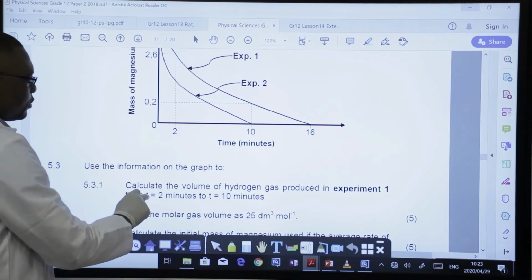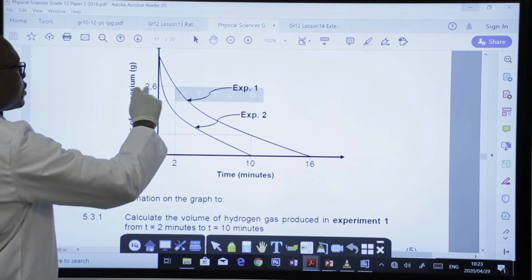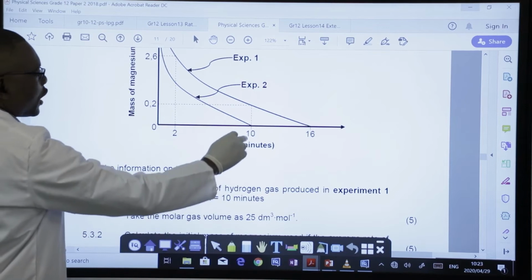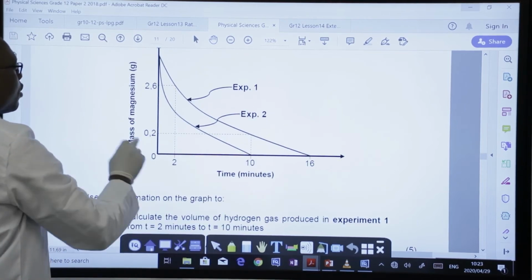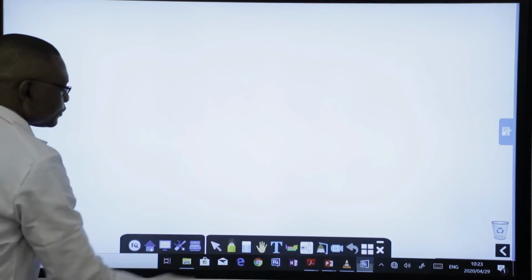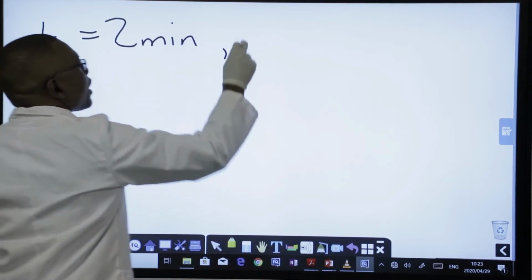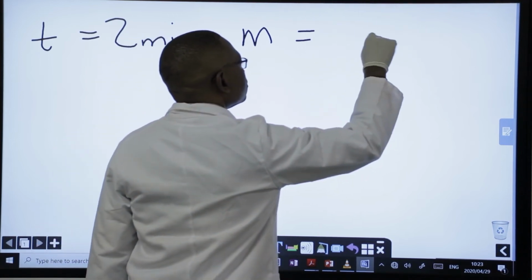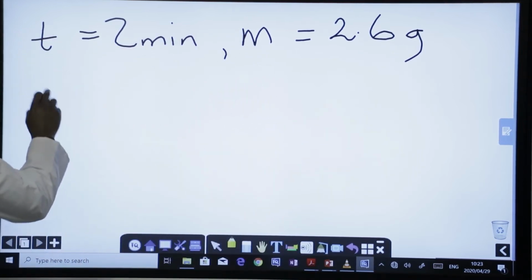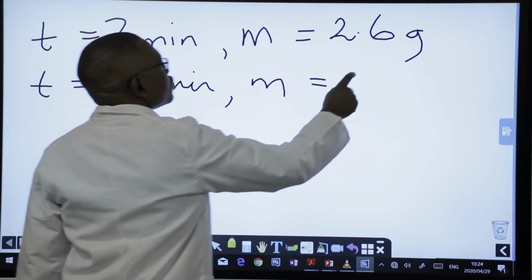You see that at time t equal to 2 minutes, the mass of magnesium was 2.6 grams. And at time t equal to 10 minutes, the mass of magnesium was 0.2 grams.